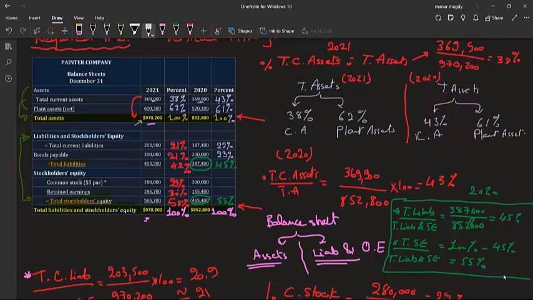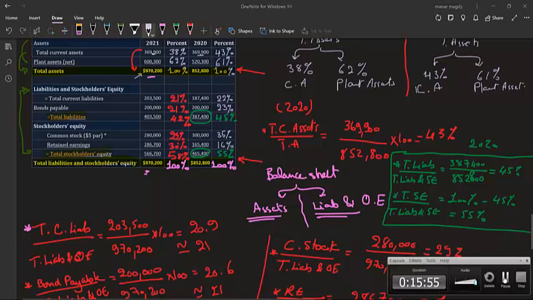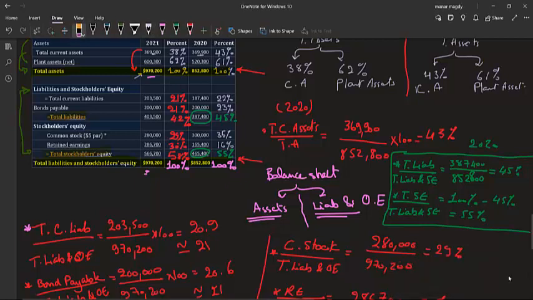And with regards to the common stock and the retained earnings, and if we divide this 165,400, sorry, I meant 19%.